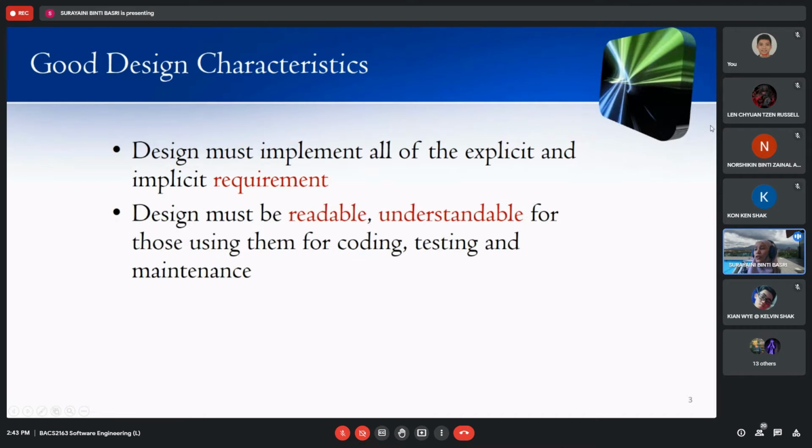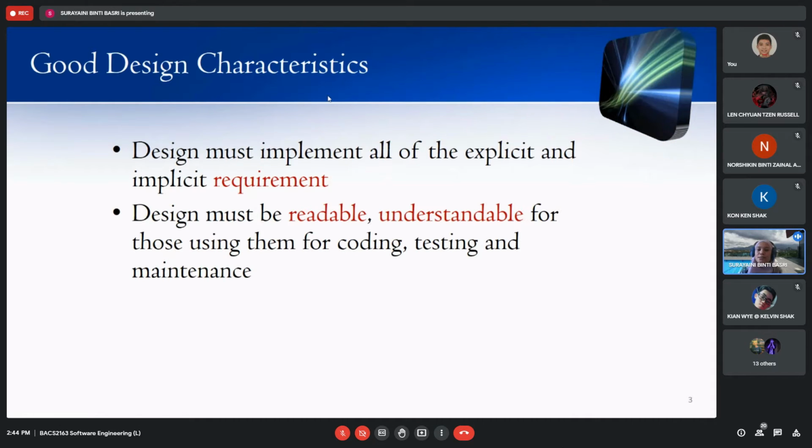Your design must be readable and understandable for those using it for coding, testing, and maintenance. Remember, the SRS is not only used by the end user, or the boss of your end user, but also by the developer, the one who designs, the one who does the coding, the one who does the testing later, and the one who will maintain the software. All of them will refer to the SRS.